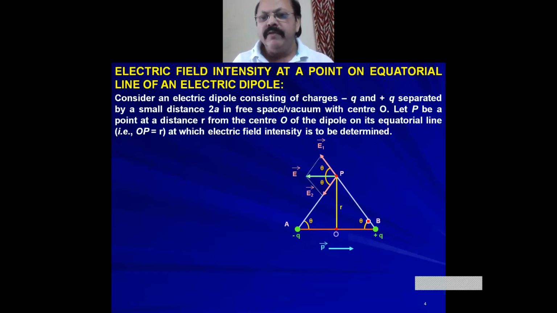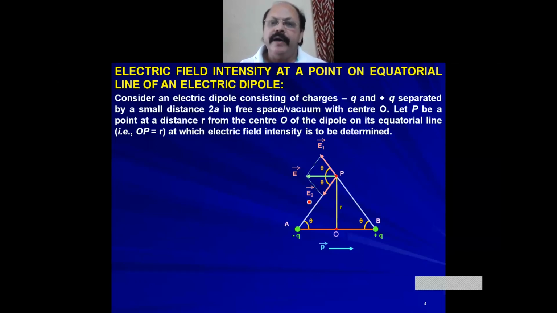The direction of electric field intensity at P due to the plus q charge is along PB, which is represented by E1 vector. Similarly, the direction due to the minus q charge is along PA, which is represented by E2 vector.